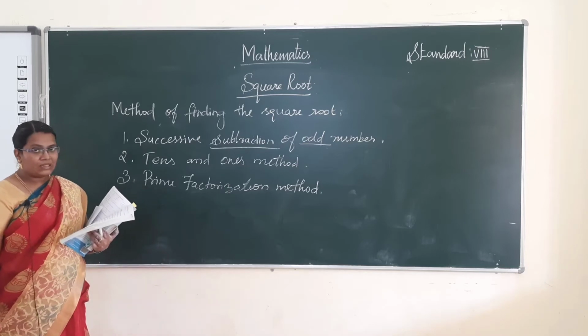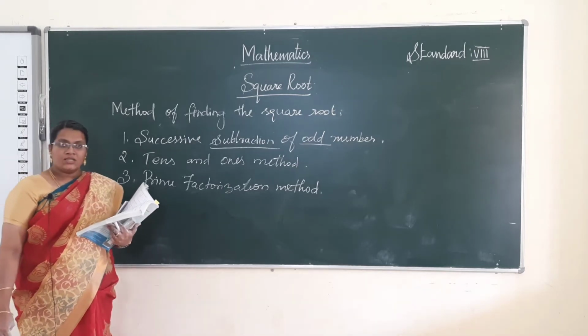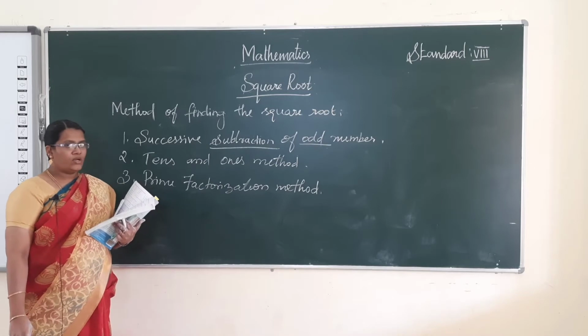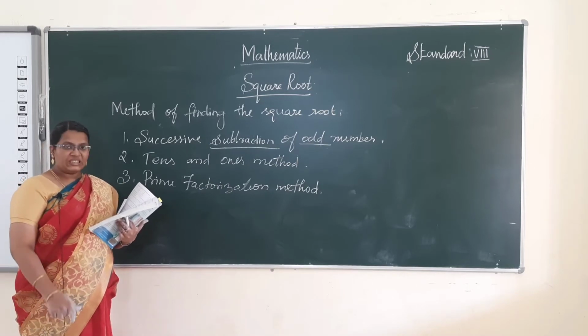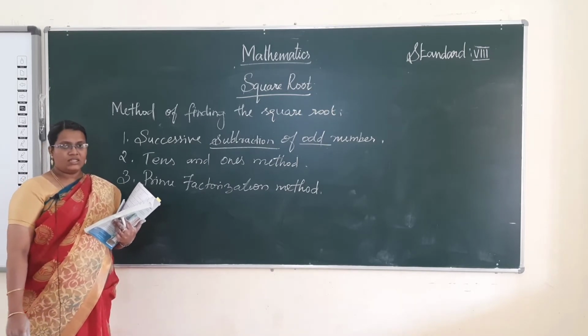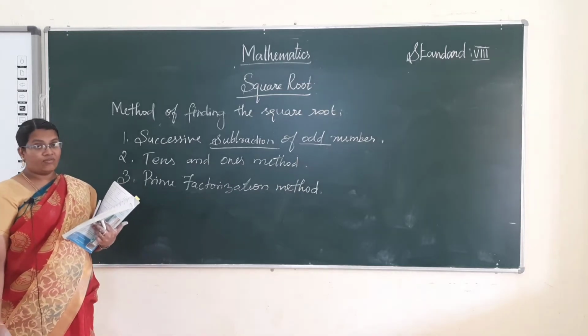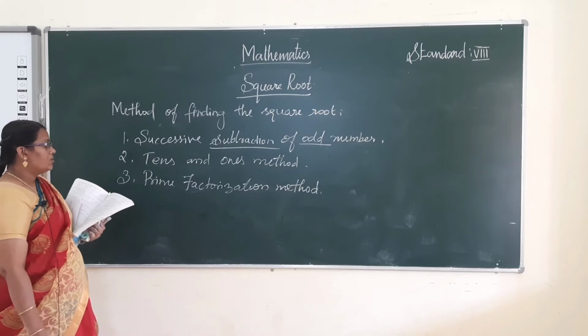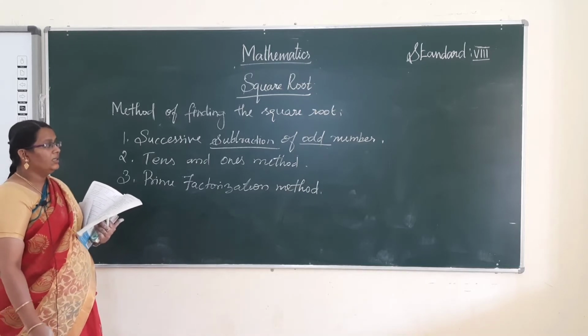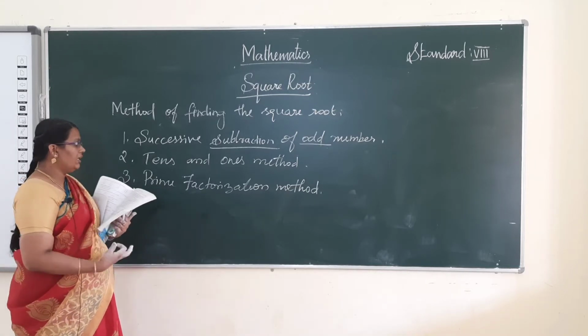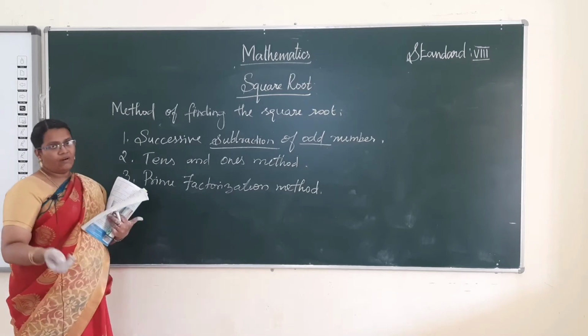What are the prime numbers? 2, 3, 6. Is 6 a prime? No. 2, 3, 5, 7, these are prime numbers, and there are infinitely many. So using the prime numbers and simplifying, we get the square root of the given number.